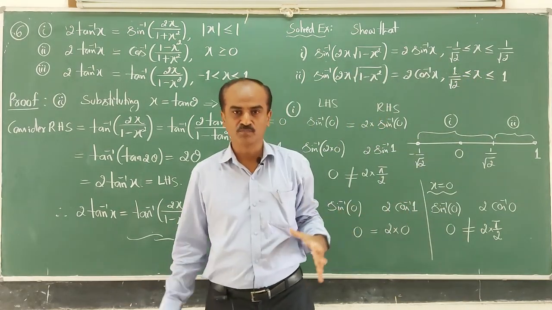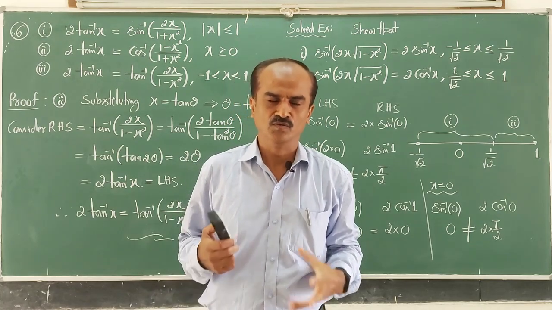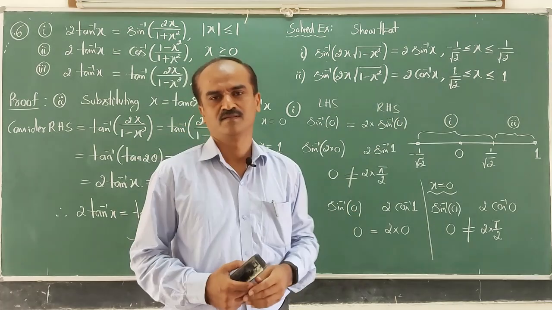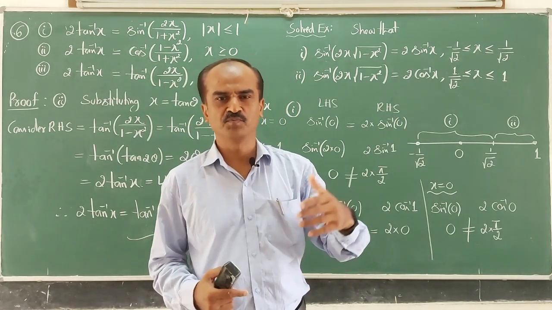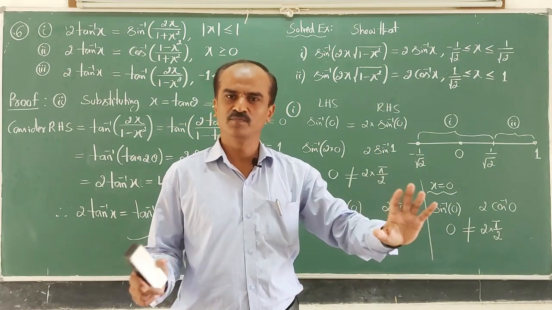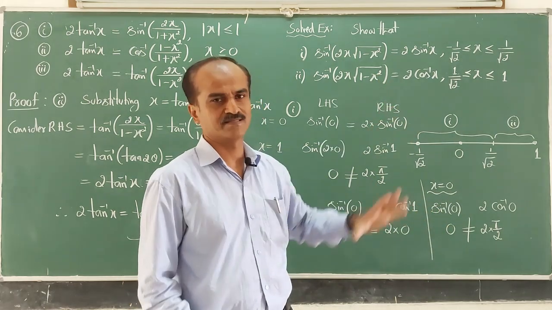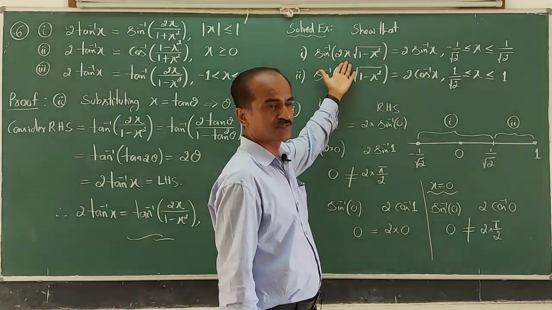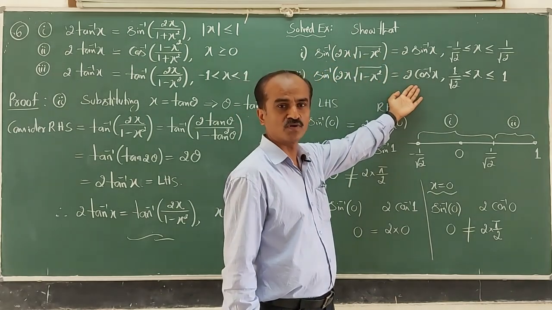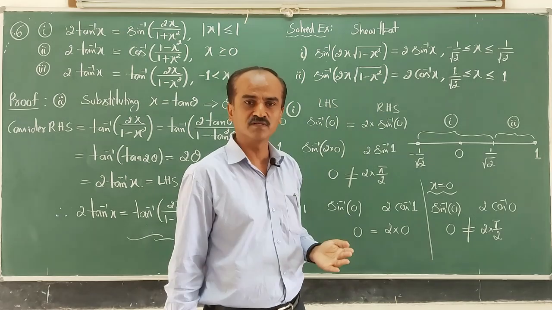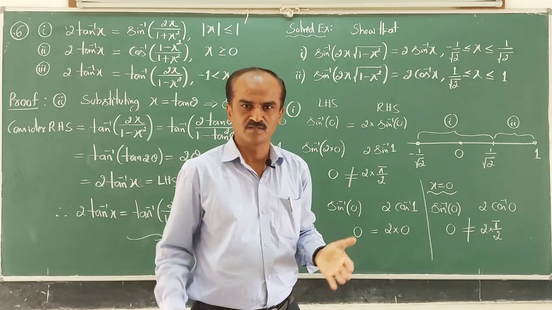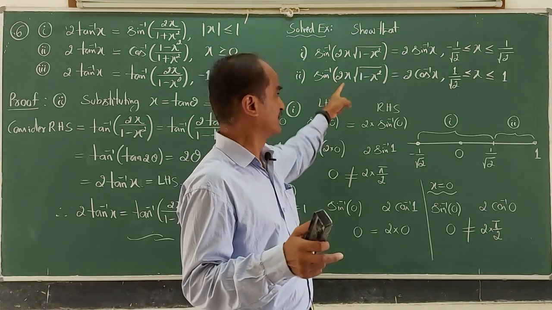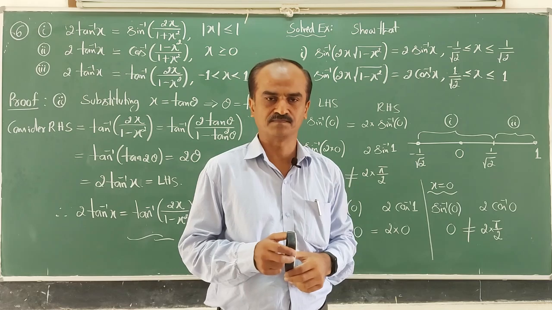But usually in the board exam, no such questions will be framed which depend on the values of x. Usually they will give a prove that question. Definitely we will be able to answer by looking at the result itself. To prove that it is 2 sin inverse x, the substitution will be x equal to sin theta. To show that it is 2 cos inverse x, we have to go for the substitution cos theta. So by keeping in mind the results, we can make a proper substitution.